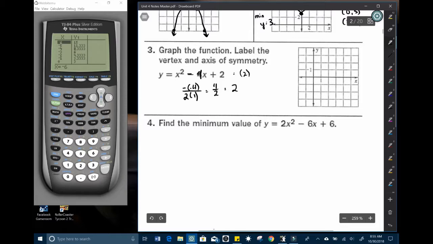So 2 squared minus 4 times 2 plus 2. That's going to be 4 minus 8 plus 2. 4 minus 8 is negative 4 plus 2, which means negative 2. There's our vertex. Over 2, down negative 2.